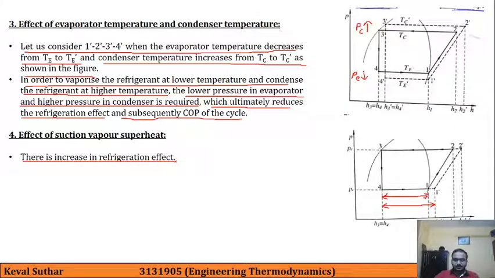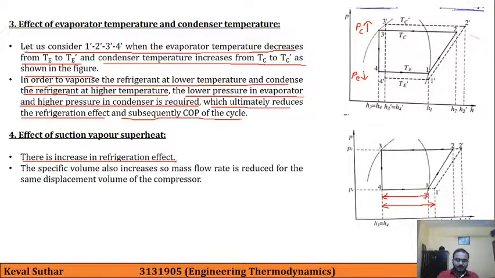Now here the specific volume also increases. Here specific volume at 1 prime is more than at 1, so the mass flow rate reduces because both are reciprocal to each other for same displacement volume of compressor. So there are two effects which are happening here.